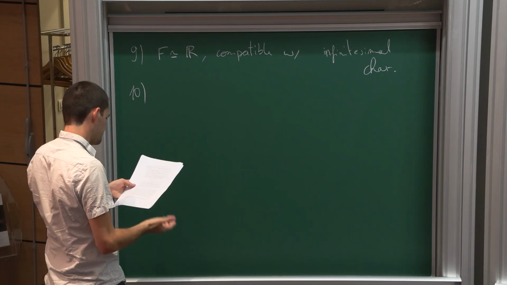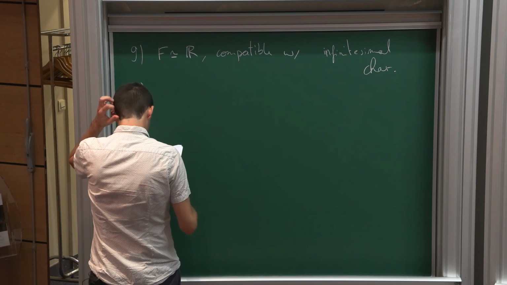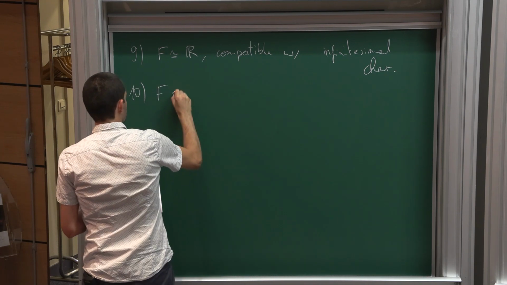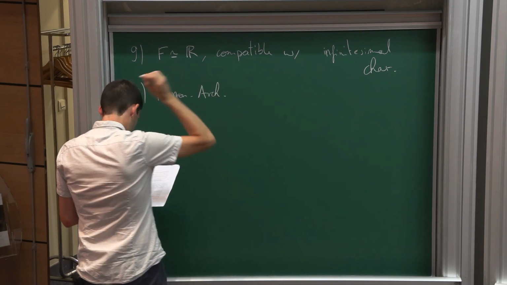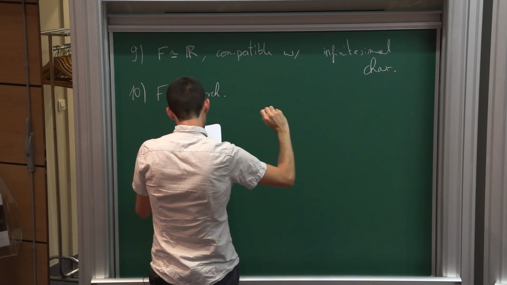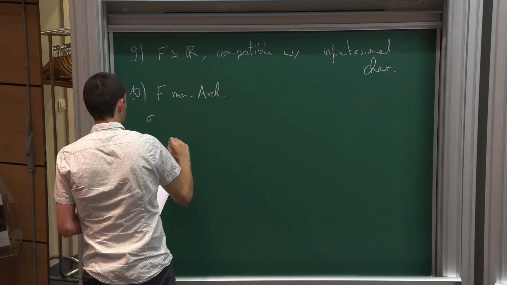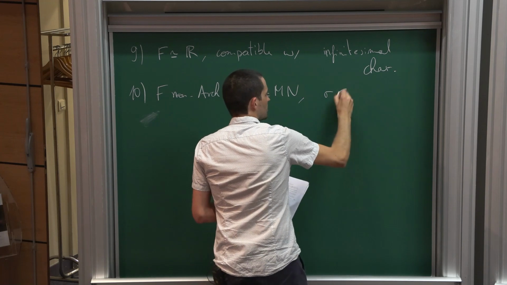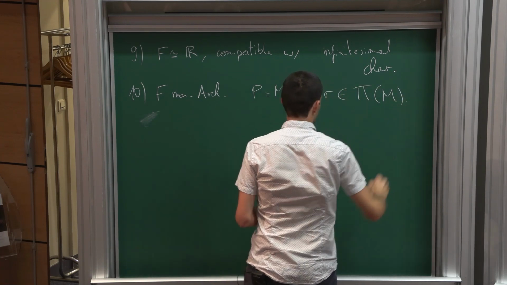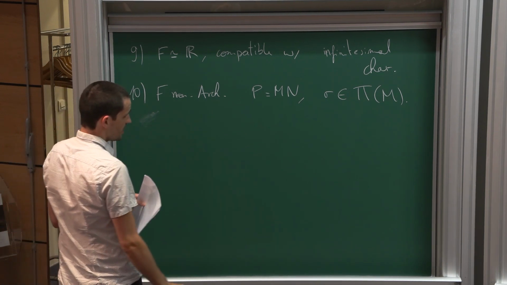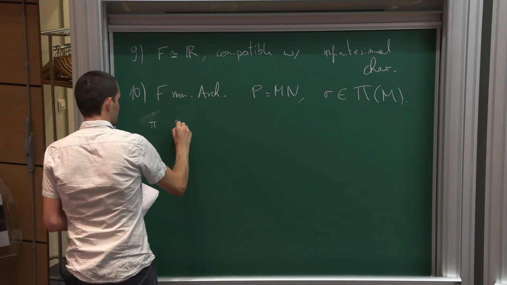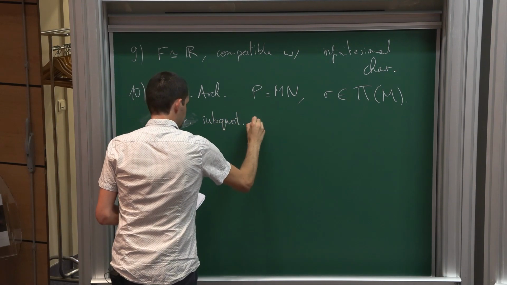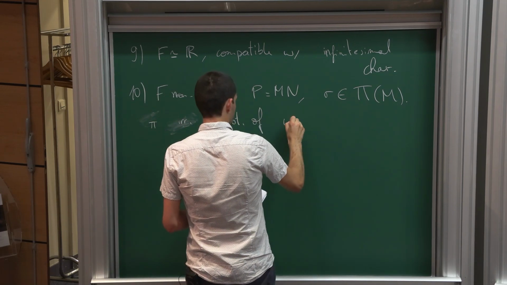And the analogous thing in the non-Archimedean case is the following. Let's say, as usual, P is some parabolic, sigma an irreducible smooth representation for M, and pi an irreducible subquotient of the induction.